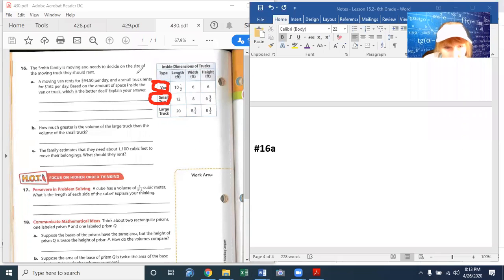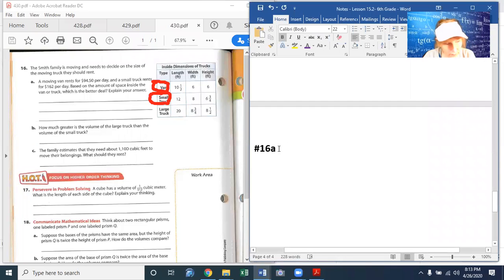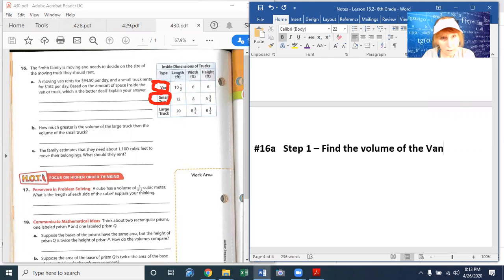Explain your answer. Okay, so what are you going to do? So your step 1 for number 16 is to find the, I'll put the steps. Step 1, find the volume of the van. Okay. Step 2 is to find the volume of the small truck.